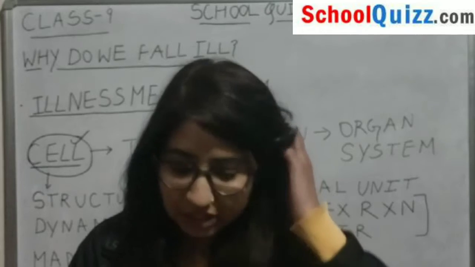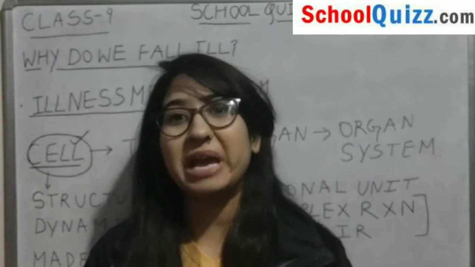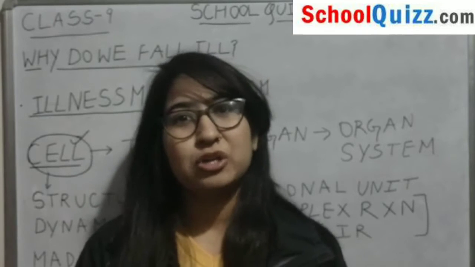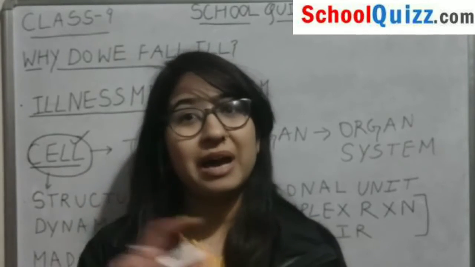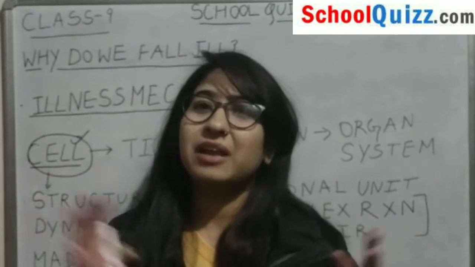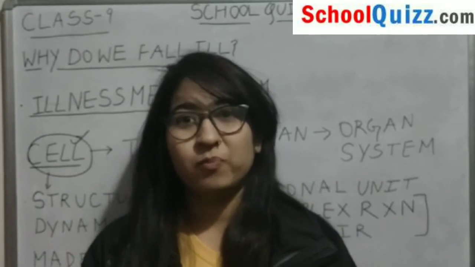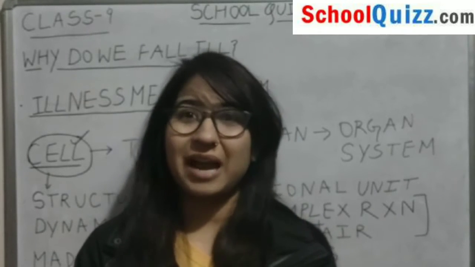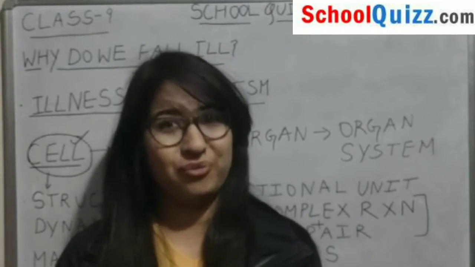But as we know, the cell is a very basic, very fundamental unit. So such a small unit alone can't be employed in such a huge process of continuing all of the processes. So how the cell actually does this, we are going to understand in this video.